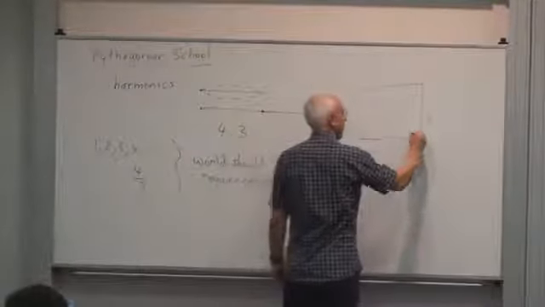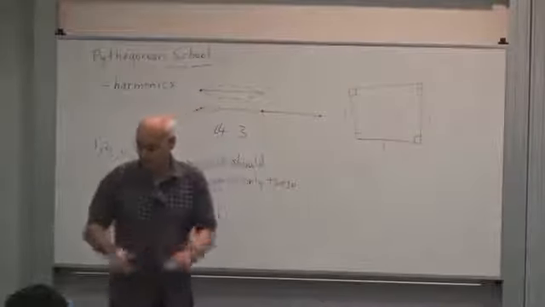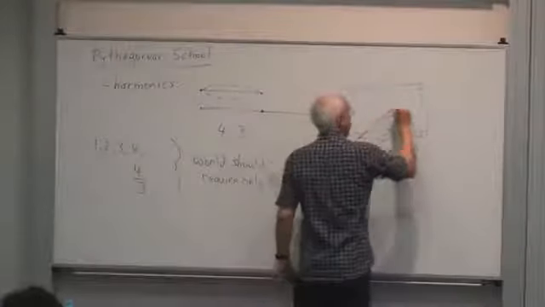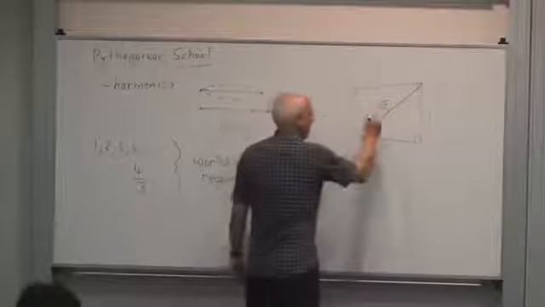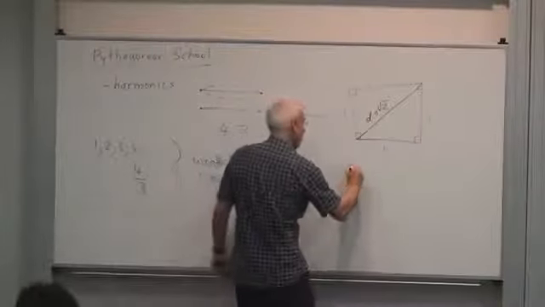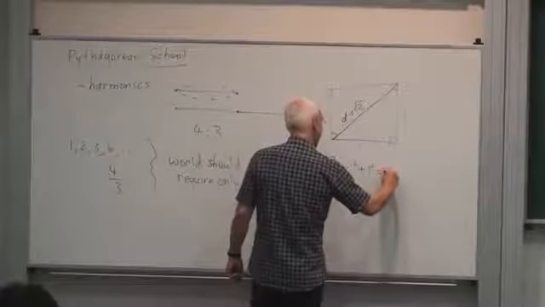There's a square, and the diagonal of that square, which these days we all know is, well, we call it root 2. Whatever the number d is, by Pythagoras' theorem it's got to have the property that d squared equals 1 squared plus 1 squared, which is 2.